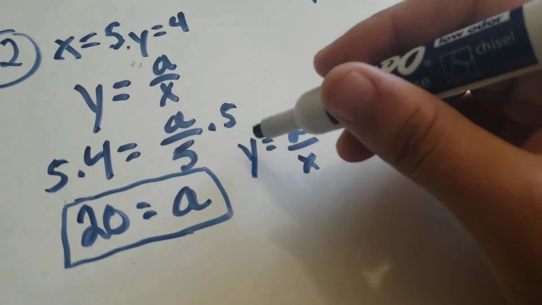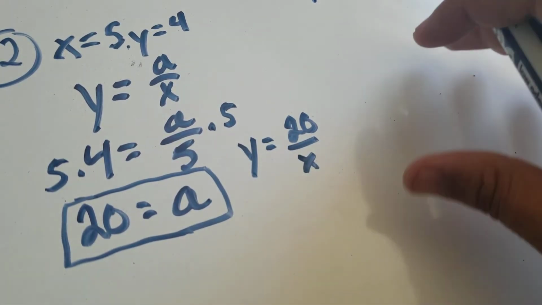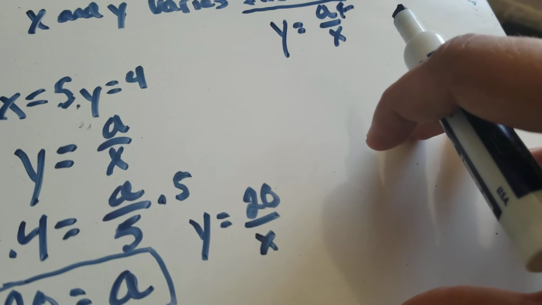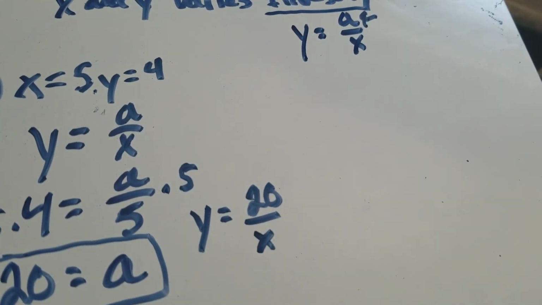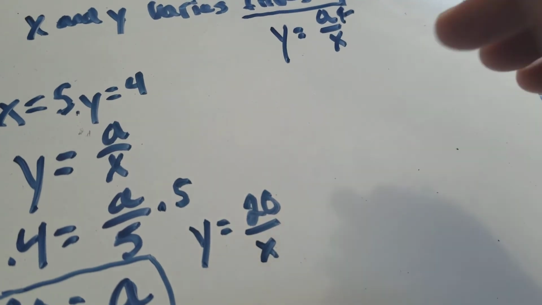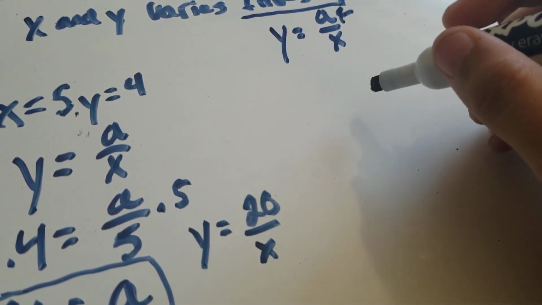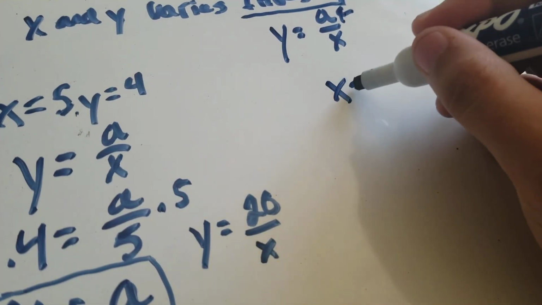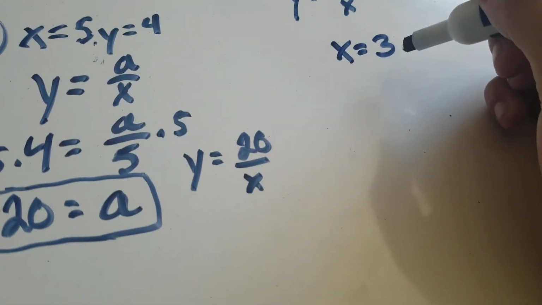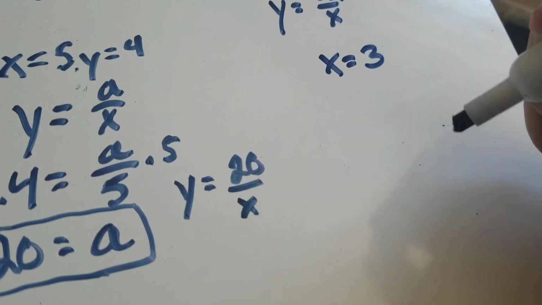Because now I know what a is, I can find any x or any y. So step 4 is going to be plug in the value to find y. So in the instructions, you have to look in the actual bold text of the instructions. It says find y when x equals 3.